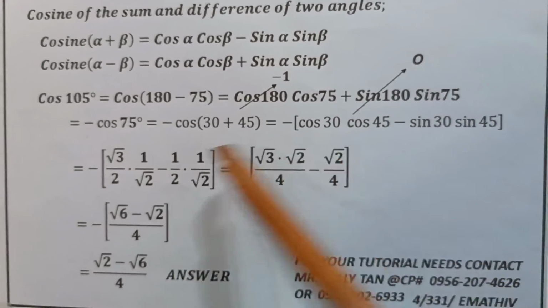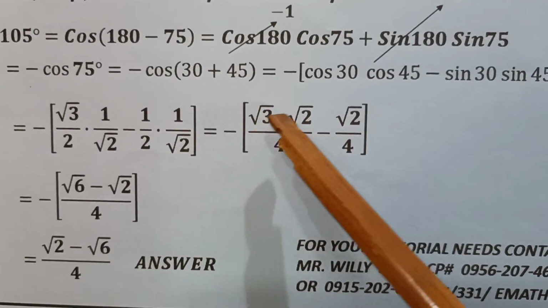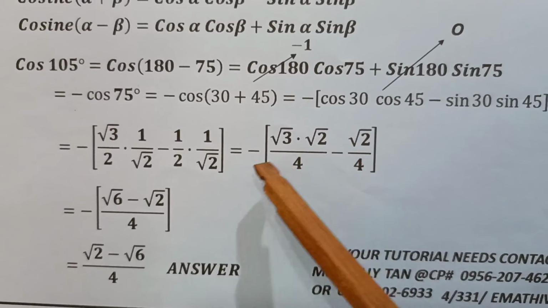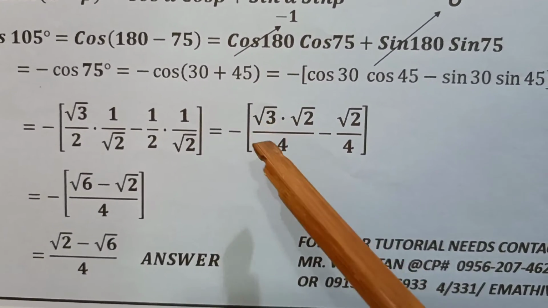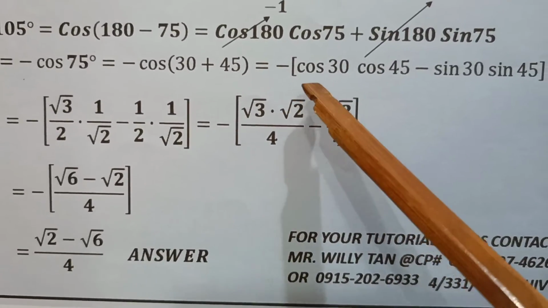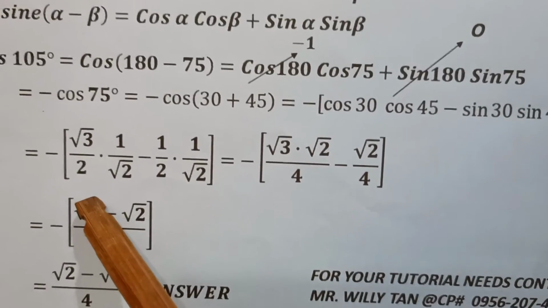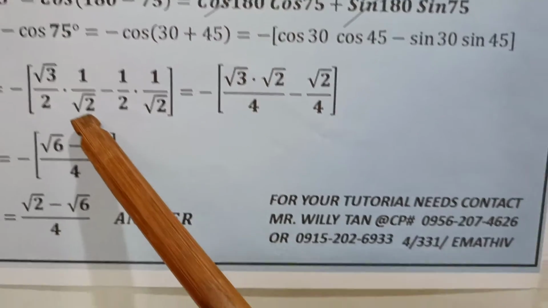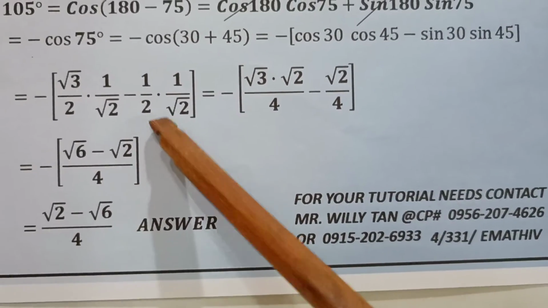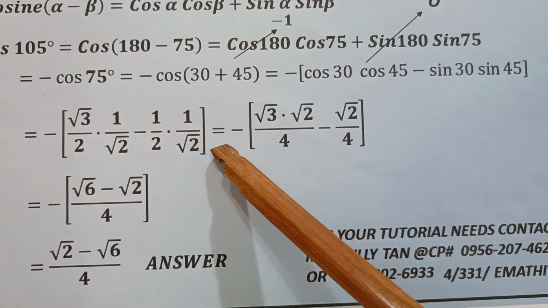We keep the -1 outside. Cosine 30 degrees is equal to square root of 3 over 2 times cosine 45, which is 1 over square root of 2, minus sine 30, which is 1/2, times sine 45 degrees, which is 1 over square root of 2.